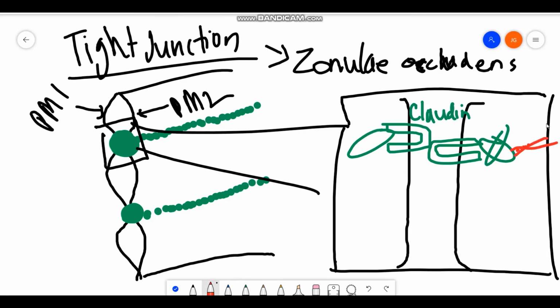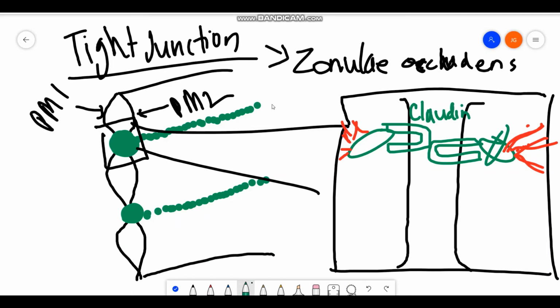Actin is a double helix, so let's make it look something like that. That is not a double helix at all, but you get the picture. This claudin is going to be the main protein holding together the tight junction. If you imagine looking into the page, you're going to have lines and lines of claudin like this holding together the two cells.